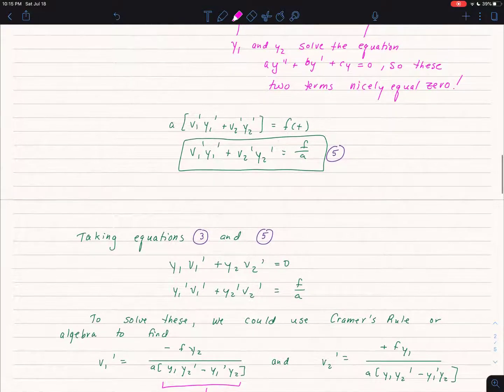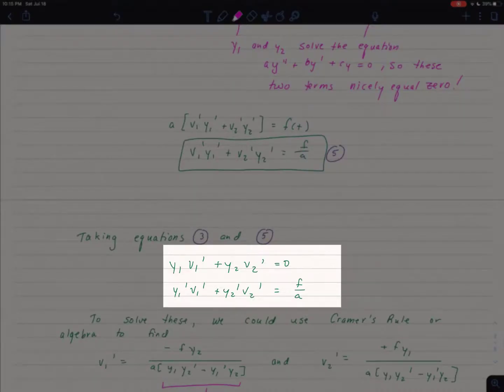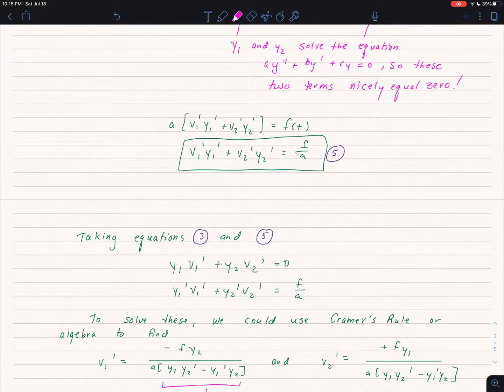So I've got two equations. I have y1 v1 prime plus y2 v2 prime, I set that equal to 0. And I just went ahead and found the second equation. I want to be able to take these two equations and solve for my two unknowns, which in this case happen to be not v1 and v2, but v1 prime and v2 prime.